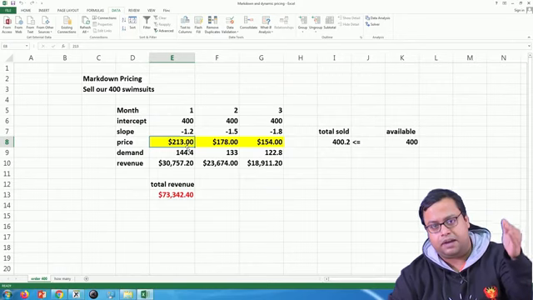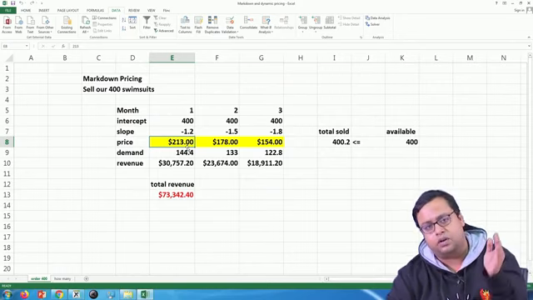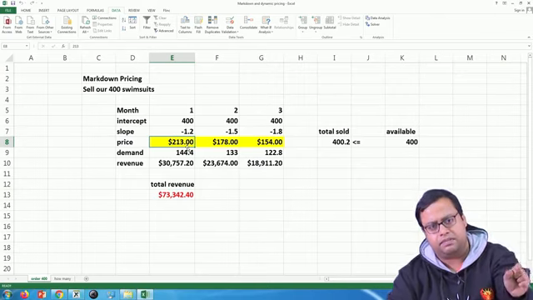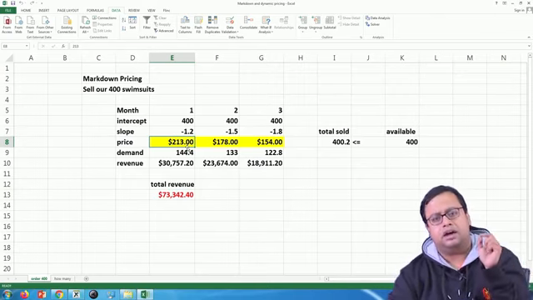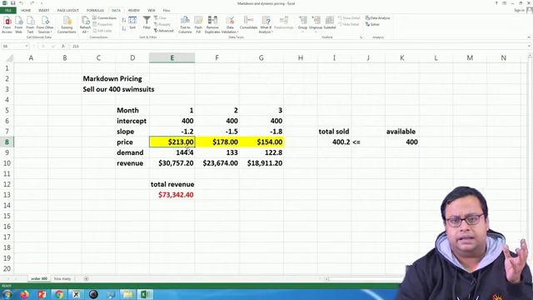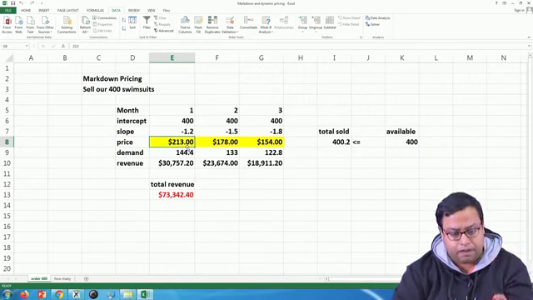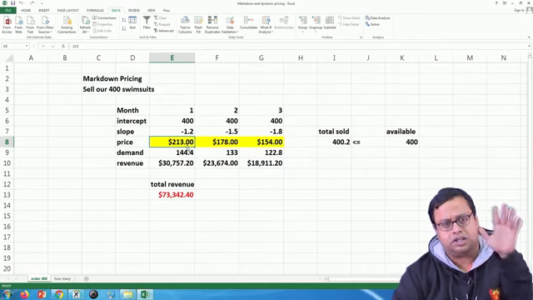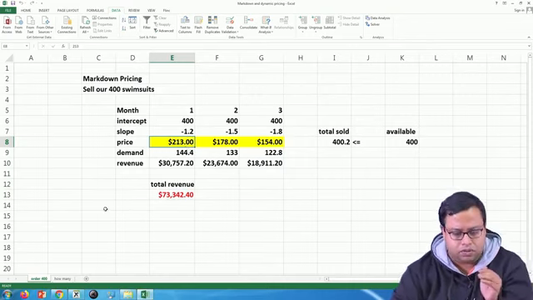Initially we start with the higher price and slowly we go to the lower price. It is always like that. In the previous case when there was skimming, we got the same result. For markdown pricing, we also get the same result. So, initially you charge high and then slowly you come down.